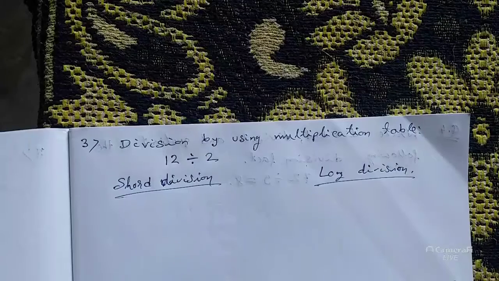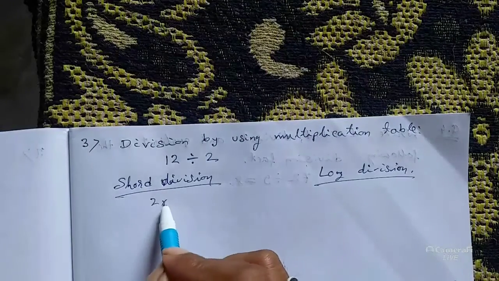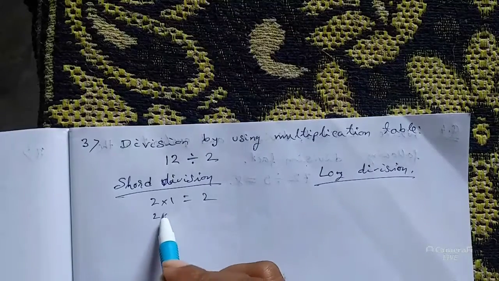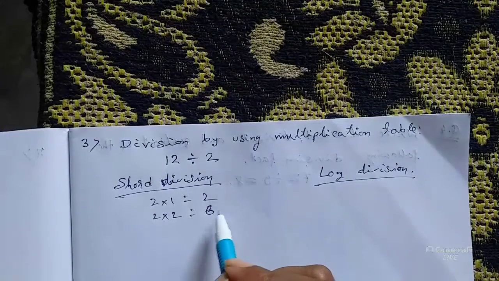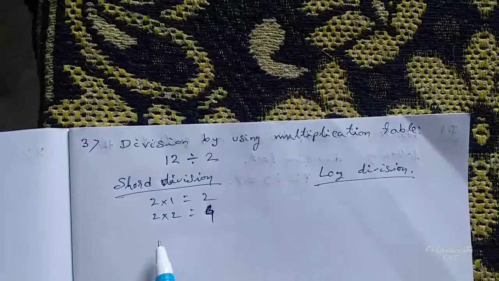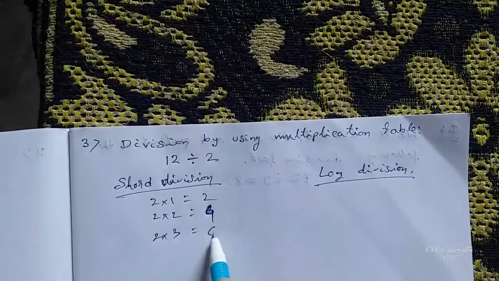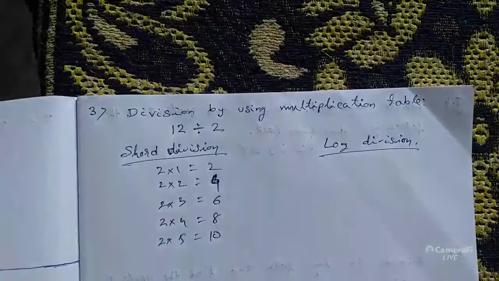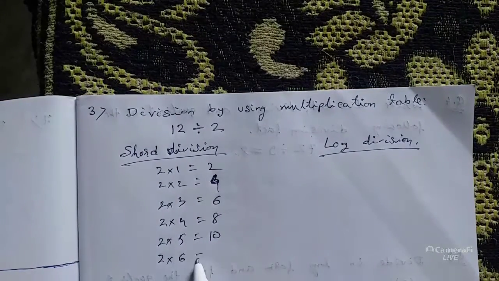In the short division method, we start with the table of 2 with 1, and we will not stop until we get the result 12. We will stop at 12. 2 ones are 2, 2 twos are 4, 2 threes are 6, 2 fours are 8, 2 fives are 10, and 2 sixes are 12.